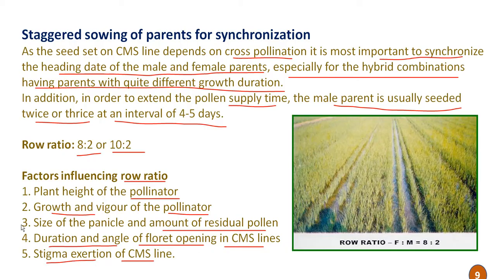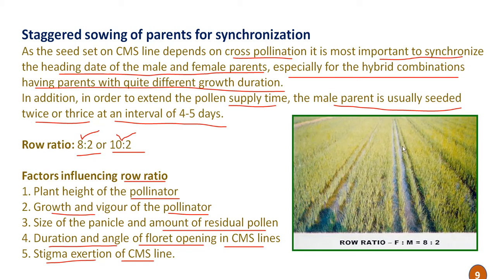So these are some key factors that affect the row ratio. While maintaining the row ratio, we have to take these points into consideration, according to which the row ratio is decided as 8:1, 8:2 or 10:2 of female and male lines.